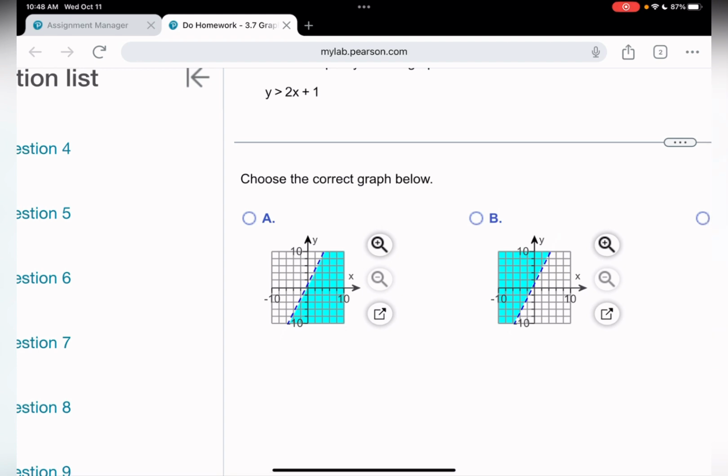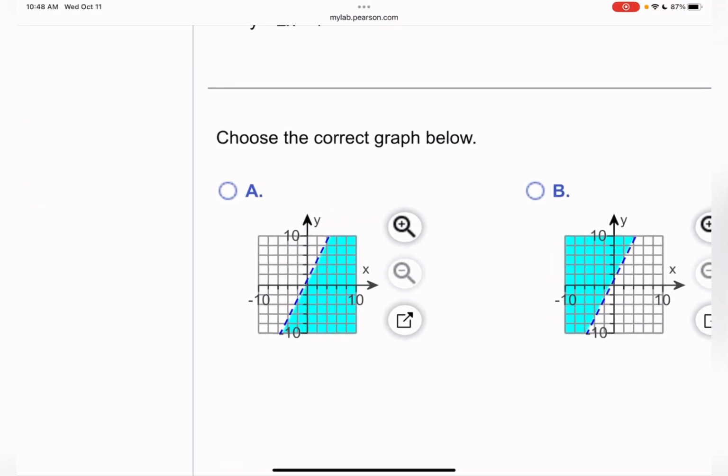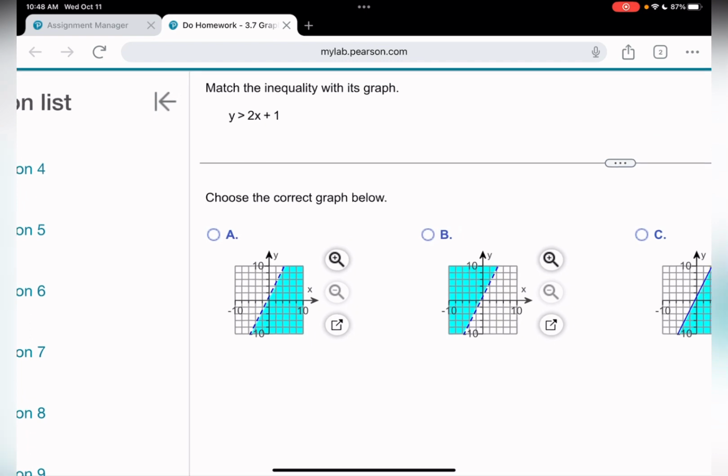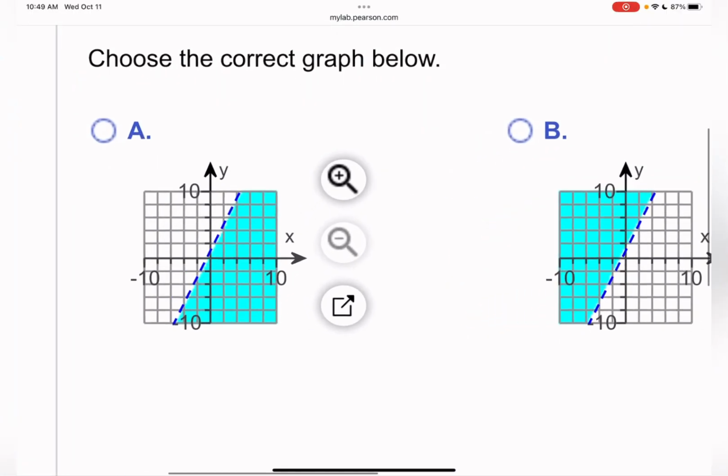So we start from 1, both of them start with 1, and both of them are the same line, so we have to figure out based on the shaded area. It's shading to the left or shading to the right. Okay, for example, I'm taking x is 4, y is 2.